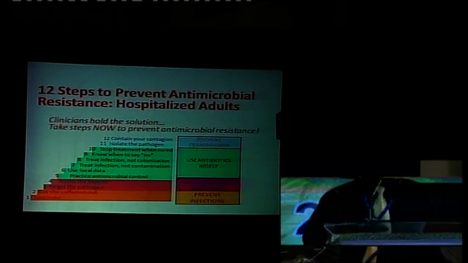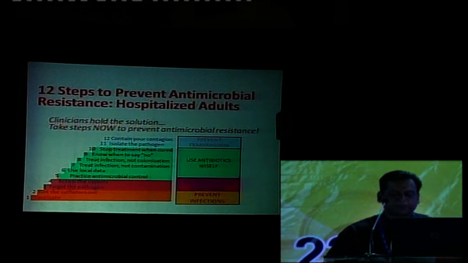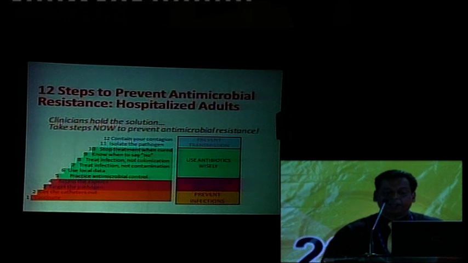These 12 steps can be grouped into 4 categories: prevent infections, diagnose and treat effectively, use antibiotics wisely, and prevent transmission.